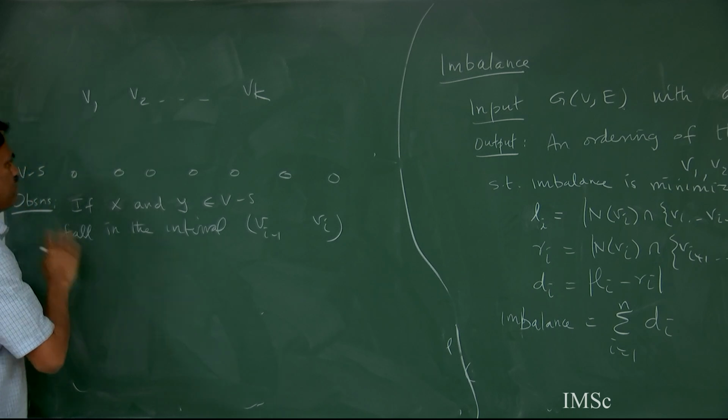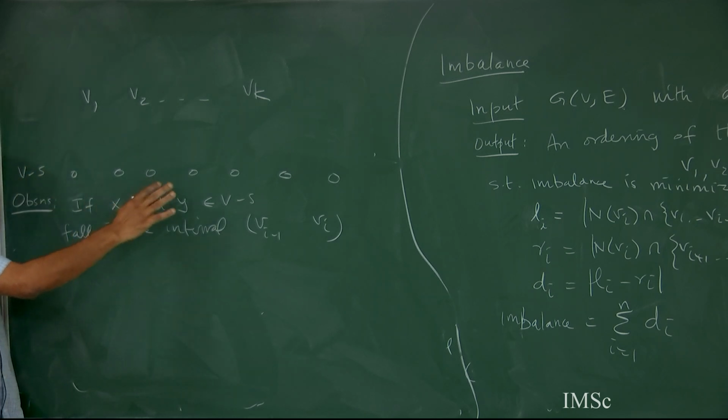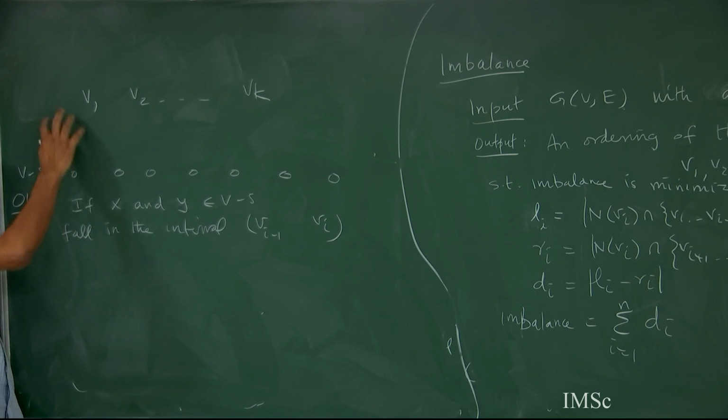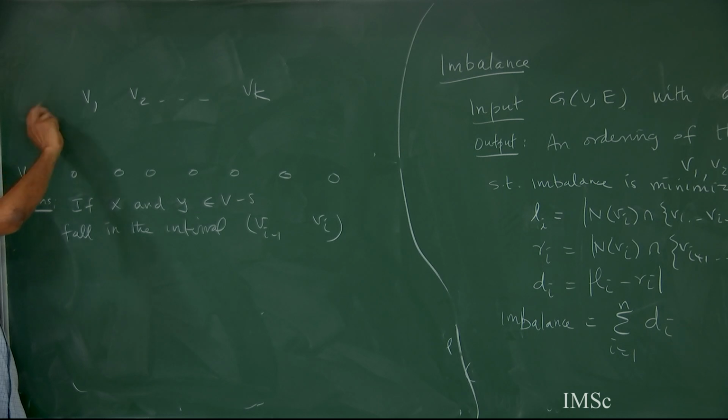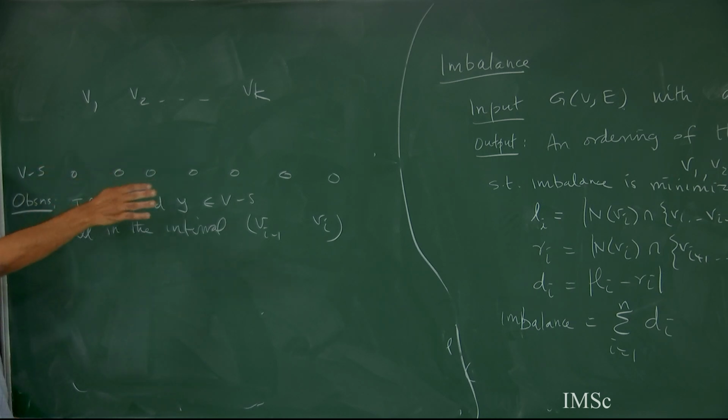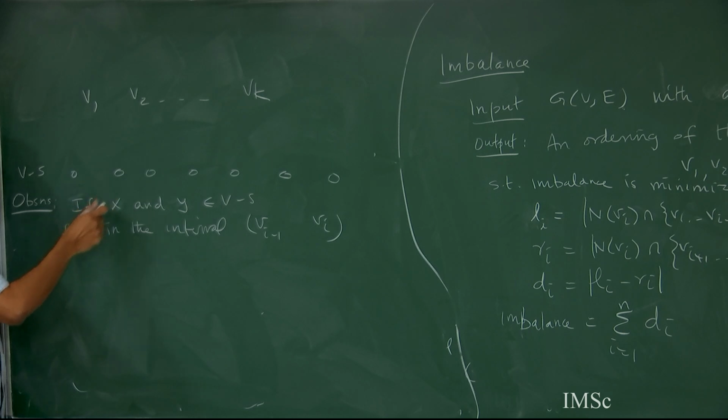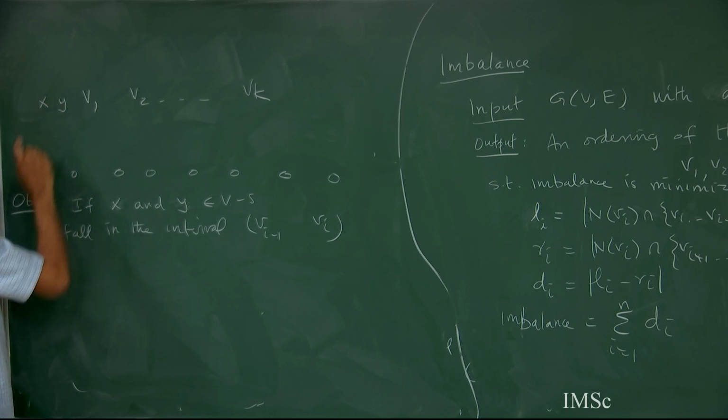So I have to now decide where I want to put these vertices, and there are k plus 1 intervals where they can go. My first observation is that if I decide how many vertices go into an interval, among them it does not matter how they are placed, because this is an independent set, there are no edges, so they are not contributing to the imbalance.